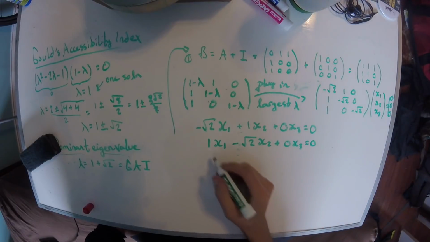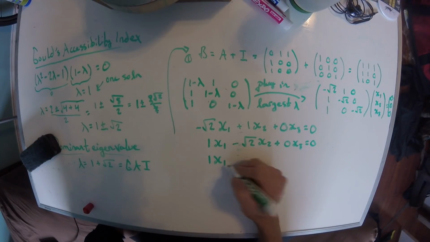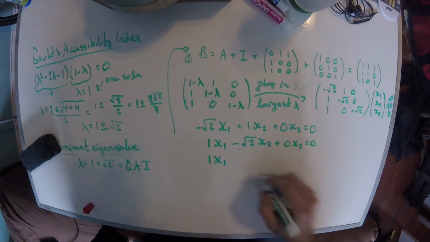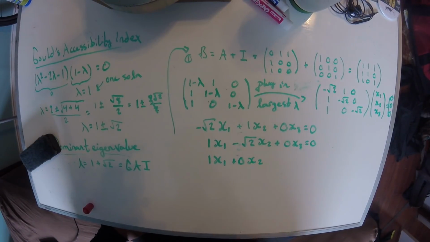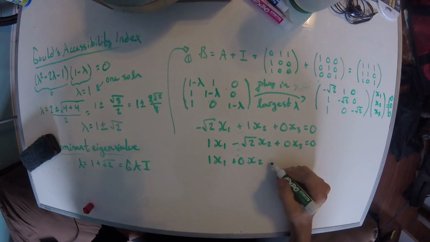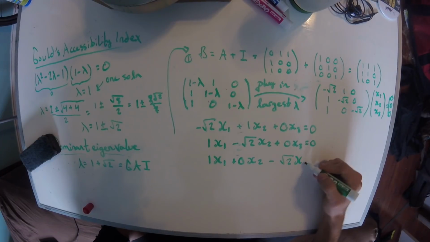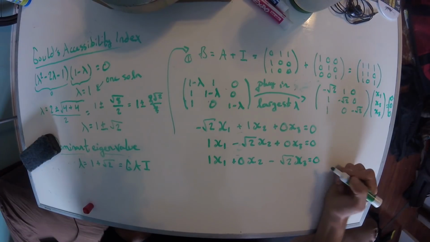And then for the last row, it's 1 x1, and then plus 0 x2, minus root 2 x3, that equals 0.